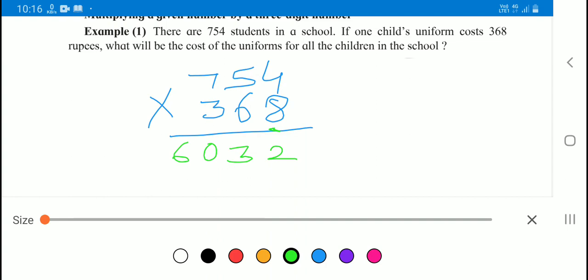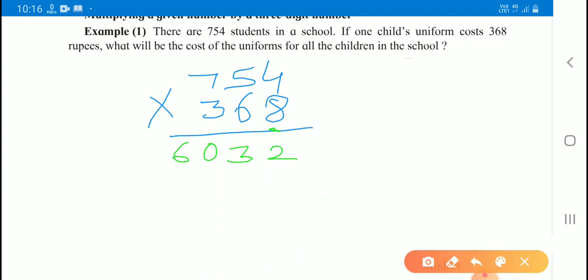Now you can see here the next number is 6. Actually it is the tens place number, so the value of 6 is 60. So in place of 8 we have to write here 0.